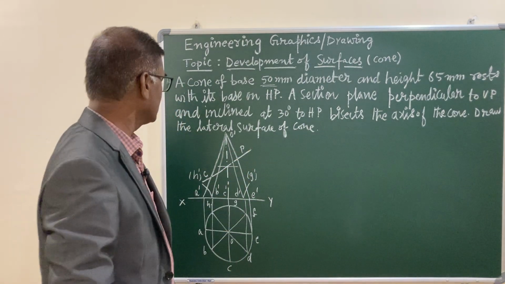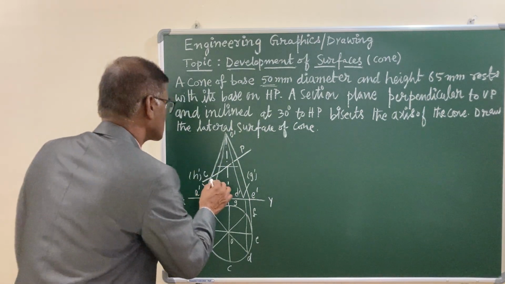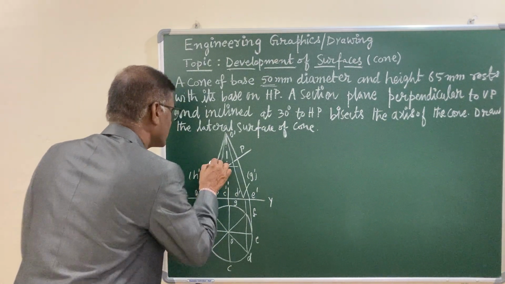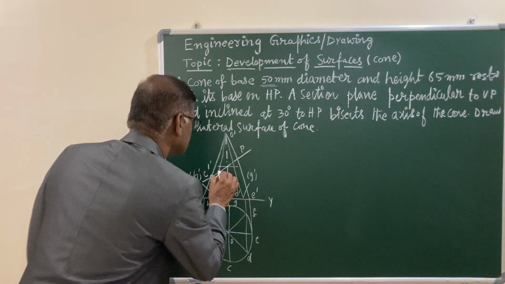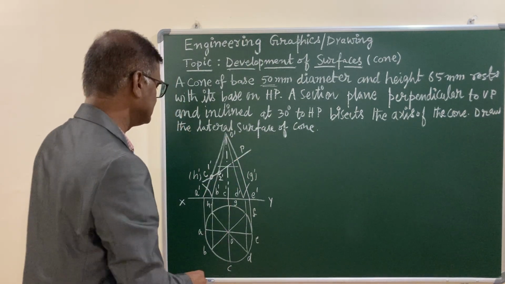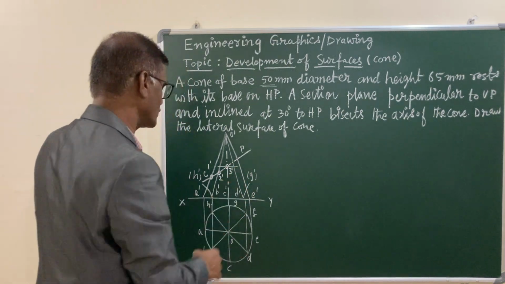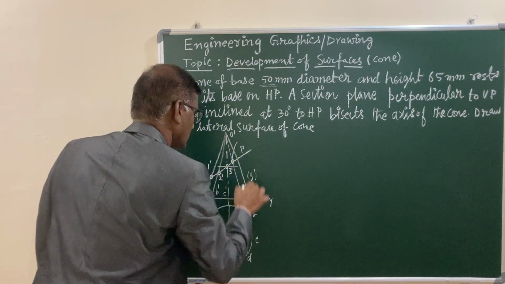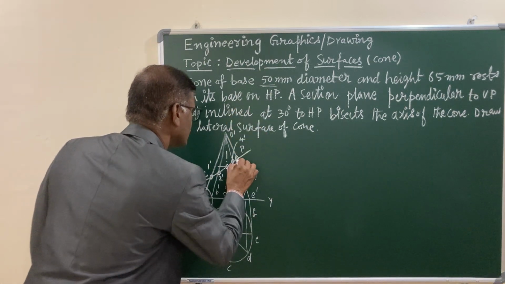After drawing the cutting plane, let us locate the points of intersection between the cutting plane and the solid. I am giving numbering: 1 prime is the end generator, then it is 2 prime, that is on OB, and 3 prime, that is on OC, 4 prime, that is on OD, and lastly 5 prime.